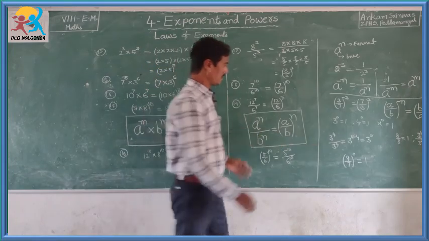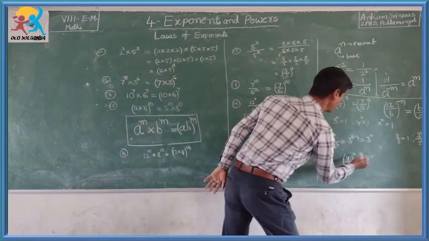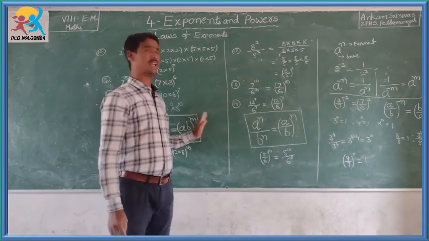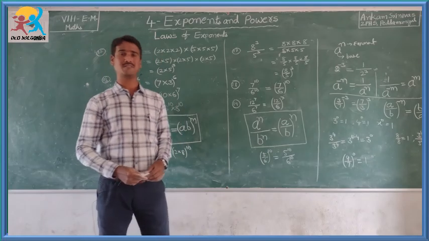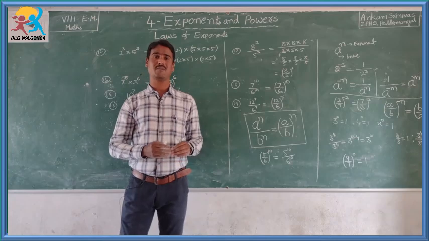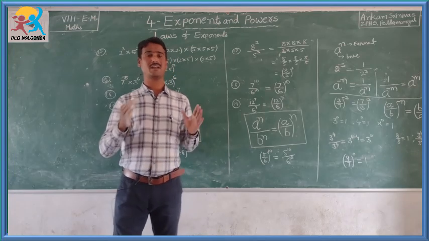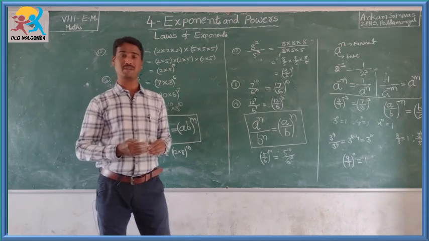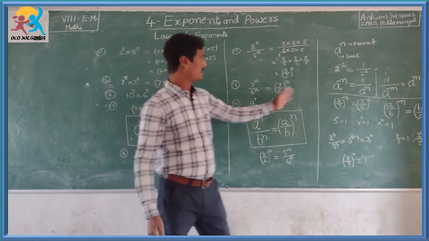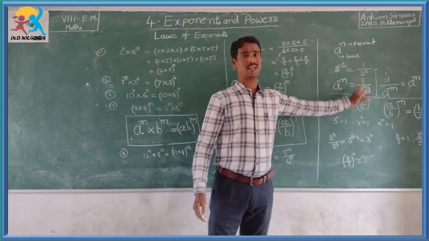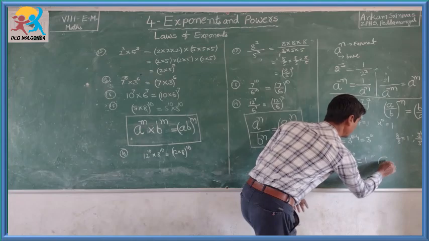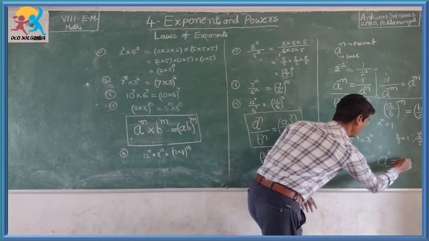So we can remember these formulas. a power m into a power n equal a power m plus n, a power m by a power n equal a power m minus n, and a power m whole power n equal a power m into n. And we already learned a power minus n equal 1 by a power n, and a power 0 equal to 1.